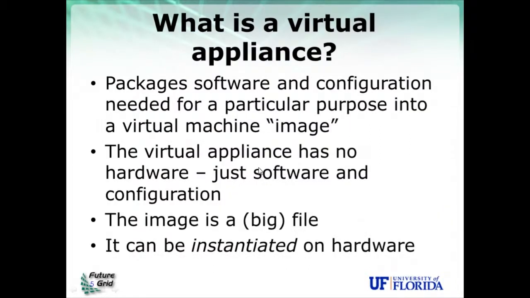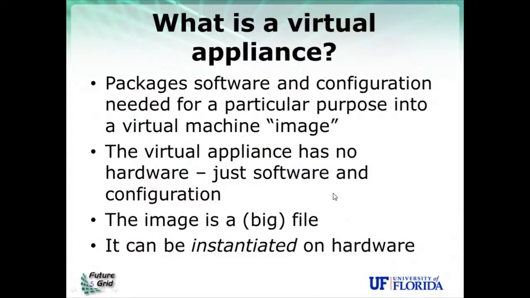So what is a virtual appliance? It's a software appliance packaged as a virtual machine. It packages in the virtual machine all the software and the configuration that's needed for a particular purpose. And you put that all together into a software image that has the operating system, libraries, applications, configuration, etc. And this image can be distributed and deployed on resources.